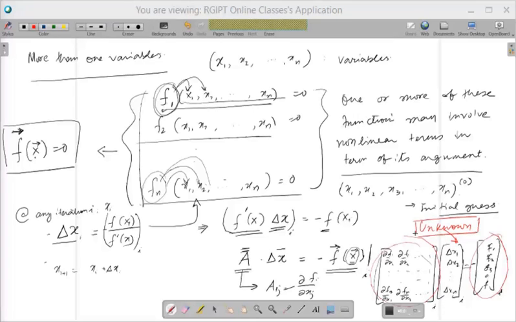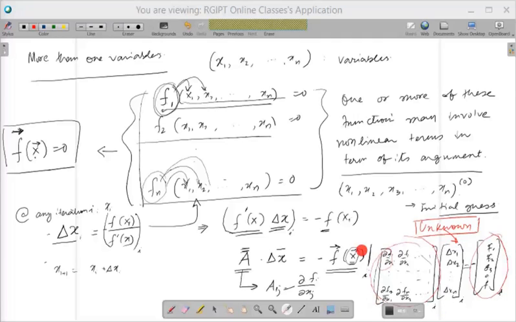So this is nothing but again a linear system. These values are numbers known to me, and I can construct this matrix with the given numbers. The delta x's are not known to me, but I know that this is essentially a linear equation in terms of delta x1, delta x2, delta xn.